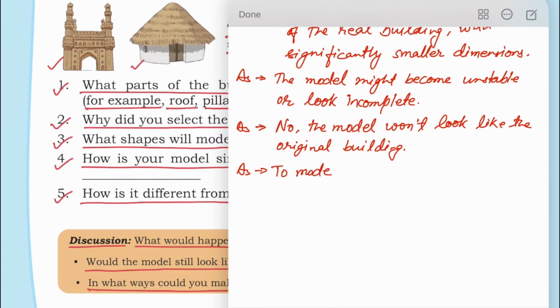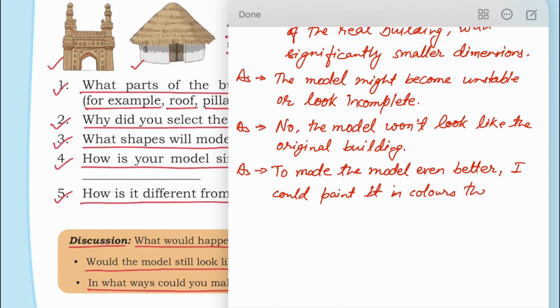To make the model even better, I could paint it in colors that closely resemble the actual building.